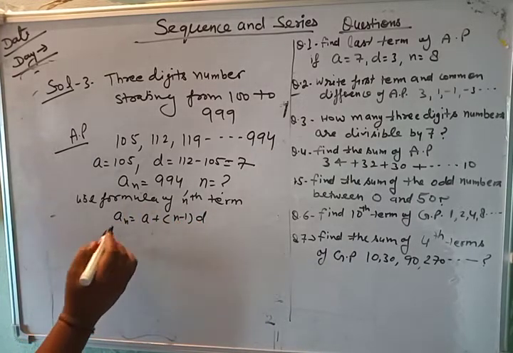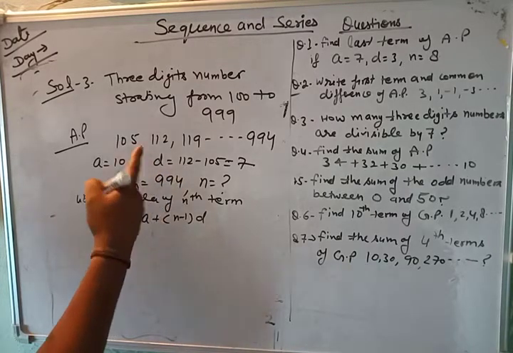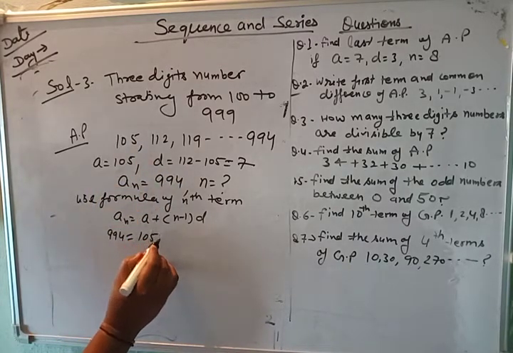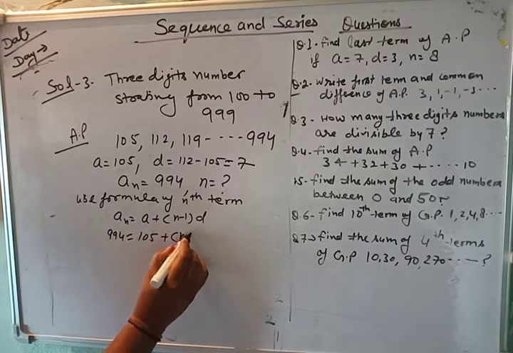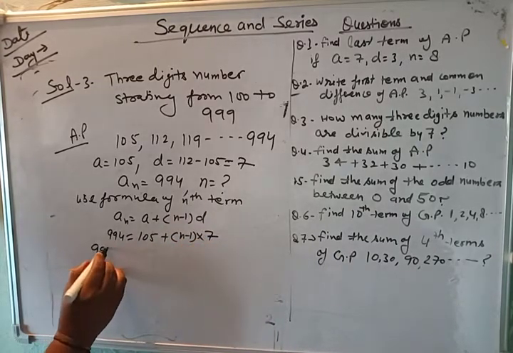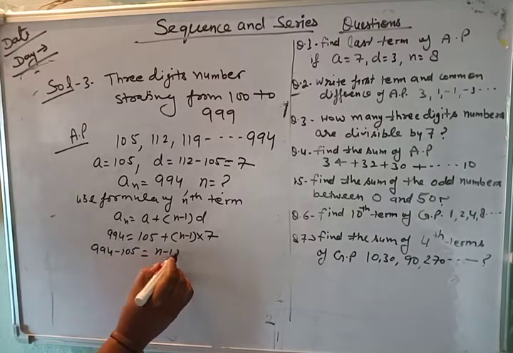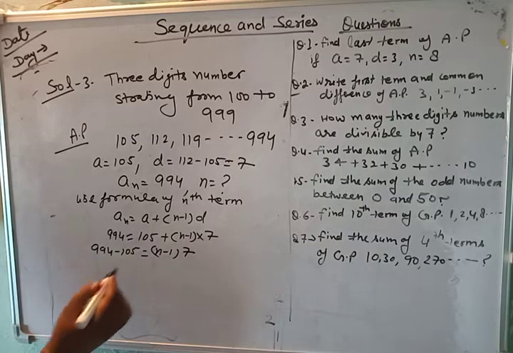Again an, 994, equal to a, 105, plus n minus 1 multiplied by d equal to 7. 994 transpose of 105 equal to n minus 1 into 7.